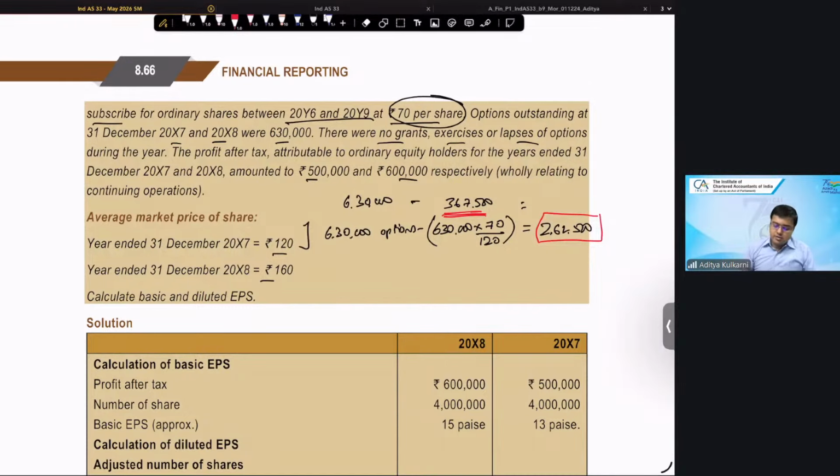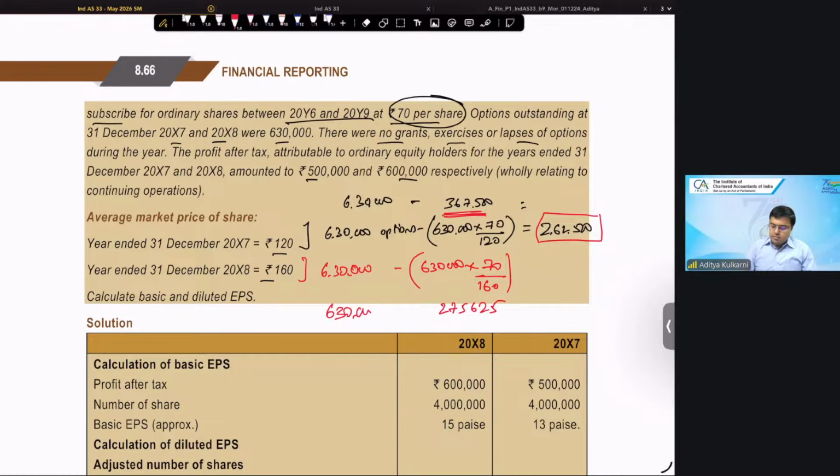Swaminathan also understood. And remember, this figure will keep on changing depending on the change in fair value. Next year, you can see it is 6,30,000 shares they will get, but he will pay consideration of 70. But what is the fair value? It is 160. So how much does that come to? 275,625.